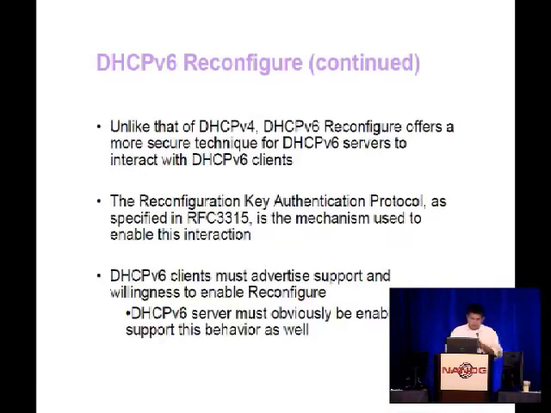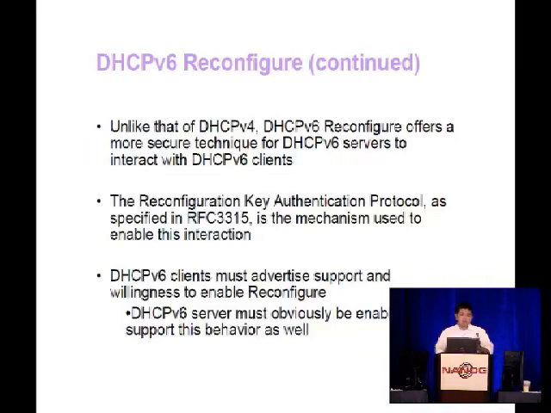So, continuing on the notion of things that we've looked at as far as v6 deployments are concerned, v6, RFC 3315, specifies this notion of reconfigure. Some of you may equate this to force renew in v4 land. I call this the right way to do what we originally had tried to do in v4.